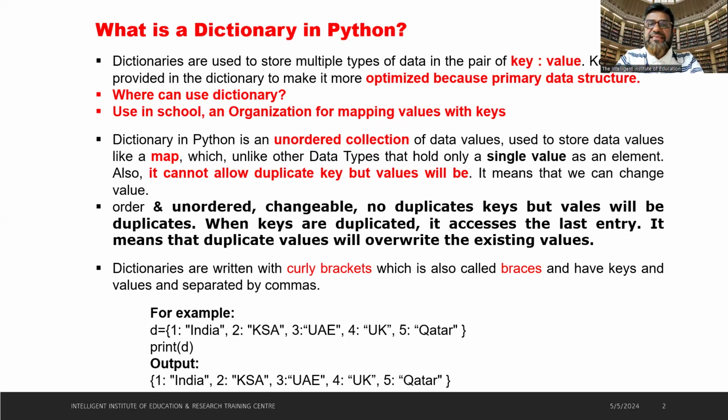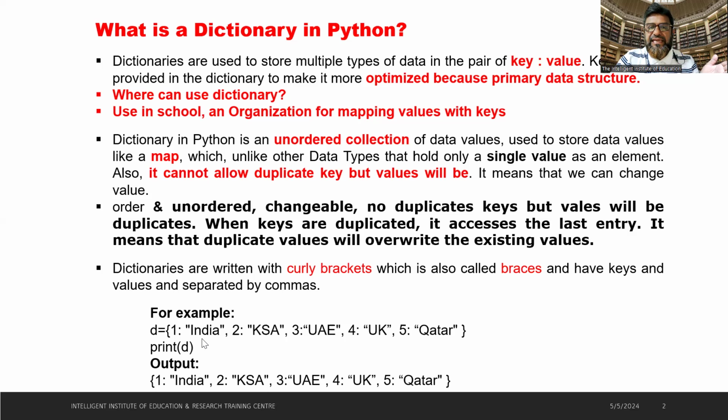Next, I want to explain that a dictionary is an unordered collection. What is the meaning of ordered and unordered? Ordered means it is based on the index. Here, the dictionary is not based on the index. For example, here is one example: d is the name of the dictionary, the variable assigned.